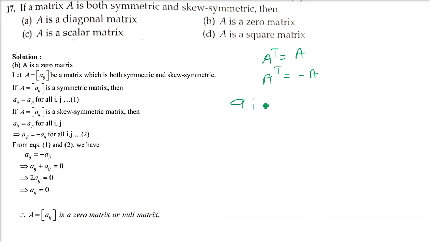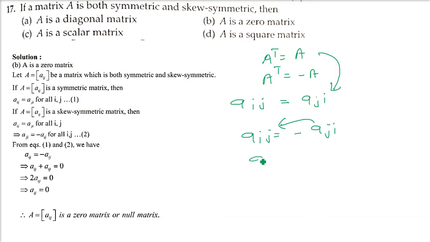So if we are saying that it is symmetric, then Aij has to be equal to Aji. This has come from the first relation, that is symmetric. Now when we take the skew symmetric, because it is being said A is skew symmetric also, Aij will be equal to minus Aji.